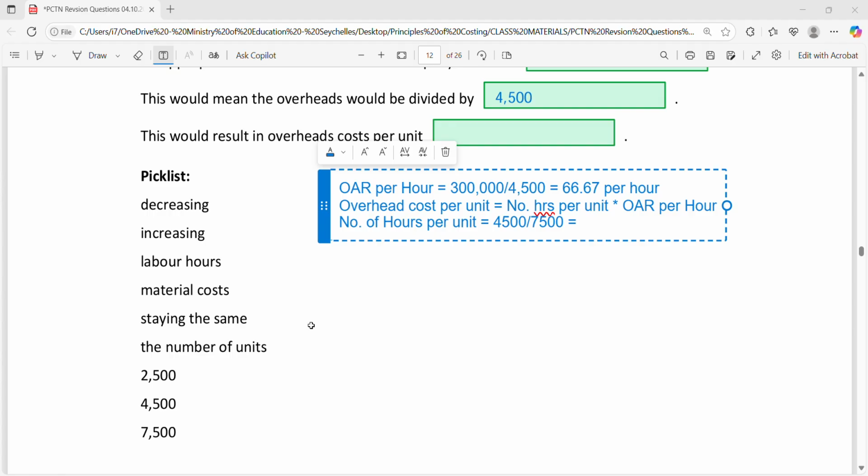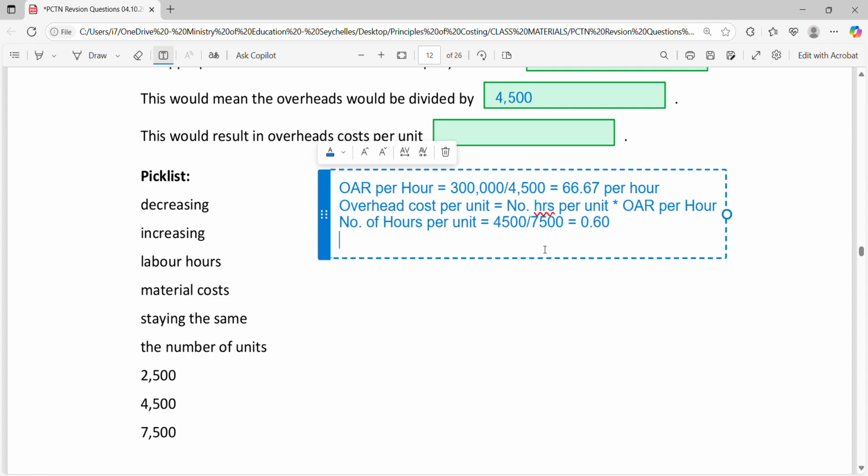So what you need is 0.6 hours, and this was 66.7 pounds per hour.